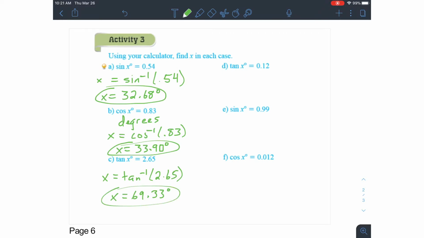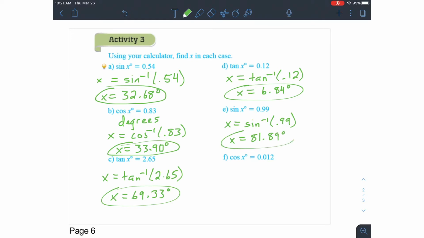So I'll just go ahead and I will fill in the rest of these. And there we go.